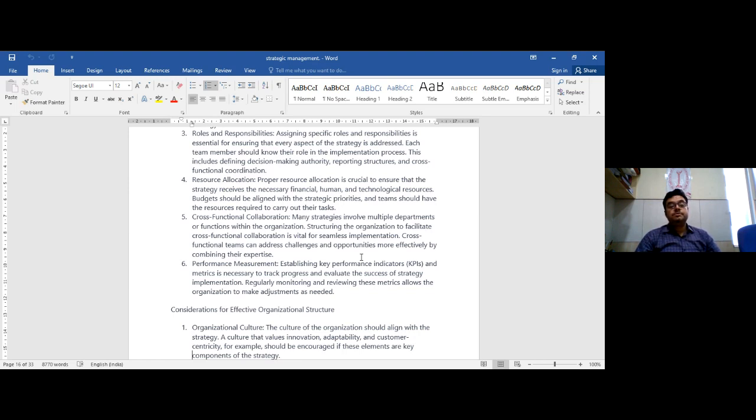So these KPIs are essential or important that are needed to evaluate the success of the strategy. Regular monitoring and reviewing these metrics would also allow the organization to make the necessary adjustments as and when needed.